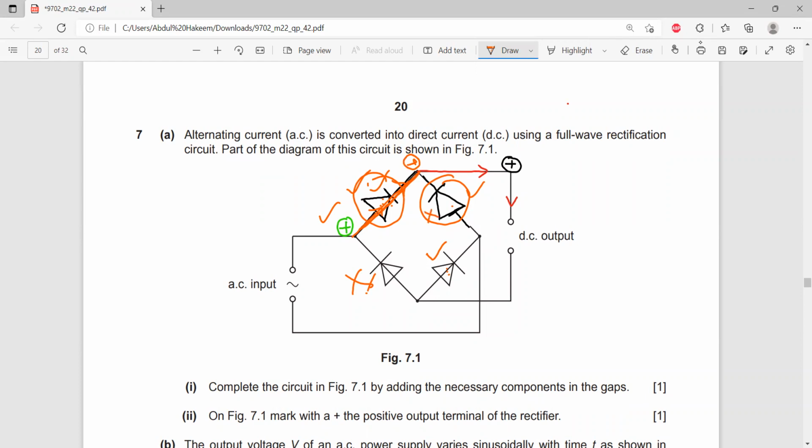This is reverse bias because this side is negative. So the current flows in this direction through the output. When the current is flowing downwards, this side is positive and this side is negative. So at the top of this DC output, we have to put the positive sign because the current is flowing downward.